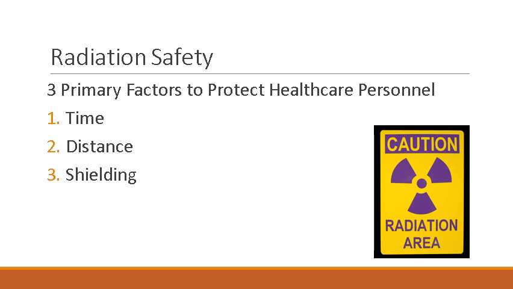Distance: the greater the distance between the radioisotope and the nurse, the more protection we have. Meaning that if I need to go to my patient's room to ask them a question, I'm going to try to do what I can not right next to them at the bedside. Shielding: use of a barrier such as a lead apron is going to help protect us from radiation.